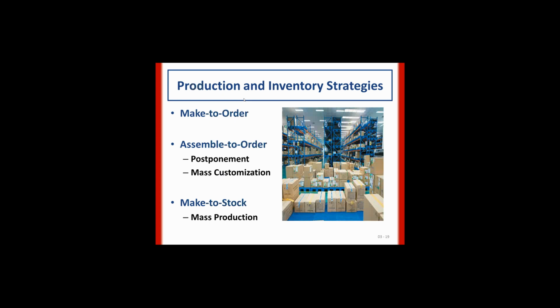Since the customer may have many choices to choose from in order to finalize their demand, organization will wait until the customer make final decision regarding their requirement. Then organization will produce product according to their committed order.